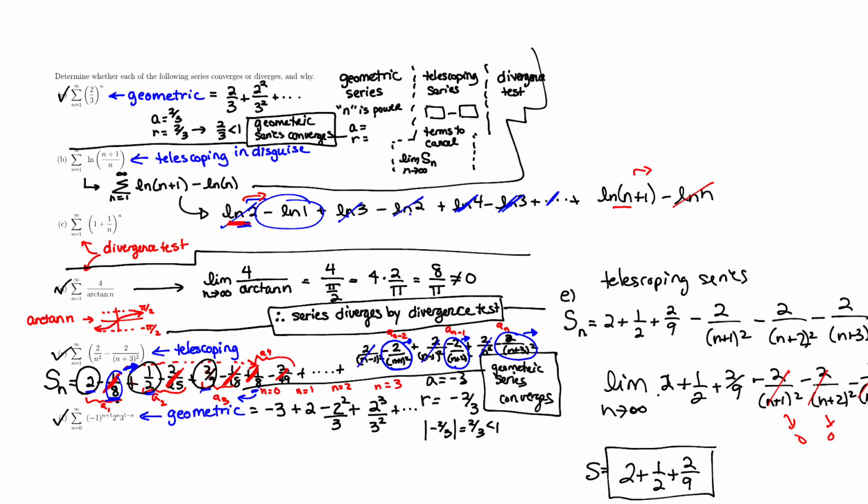That means my nth partial sum is just minus the natural log of 1 plus the natural log of n plus 1, where the natural log of 1 is just 0. And that tells me that the limit as n goes to infinity of the natural log of n plus 1 is infinity. So for part B, it's a telescoping series that diverges.